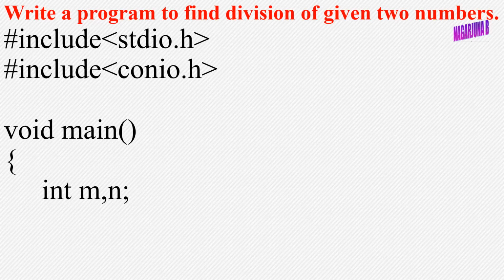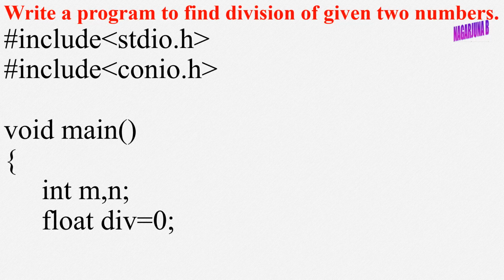Then to store the division of these two numbers, I will declare a float variable as float div = 0; I have initialized the value of div to 0.